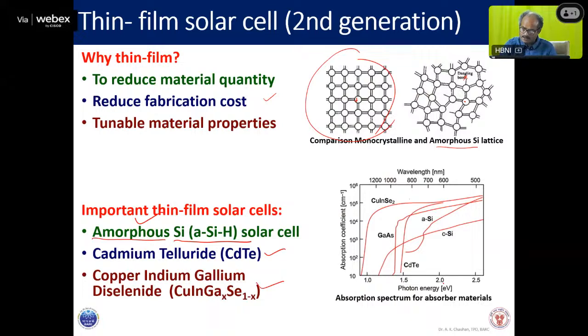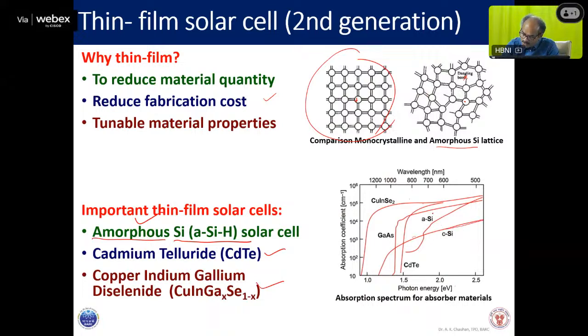They also create additional energy levels. So if you see the absorption coefficient, as I said in the slide where I was explaining the absorption part, there were two things: one was the band gap, another was the absorption coefficient. For different materials, if I draw the absorption coefficient at different photon energies, this is an experimental curve. For a crystalline solar cell, the absorption coefficient increases in this way.